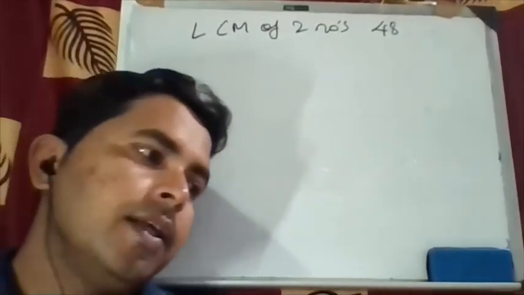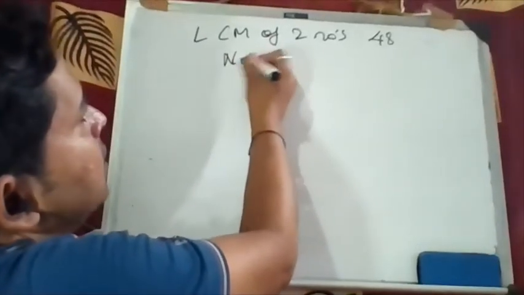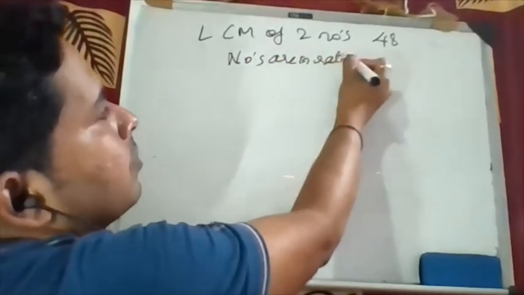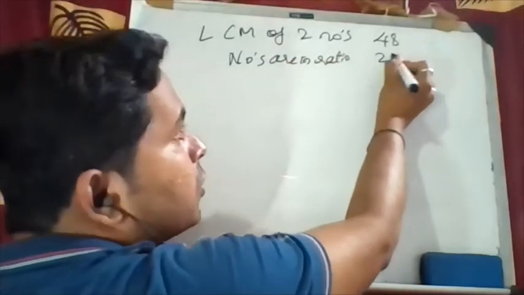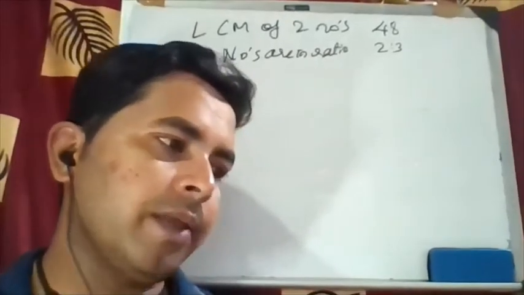Then the numbers are in the ratio of 2:3.